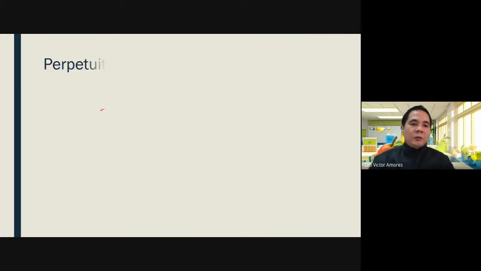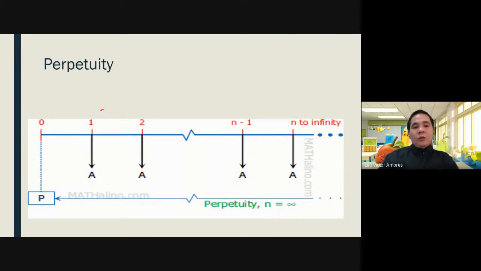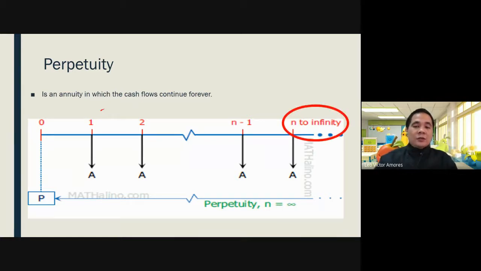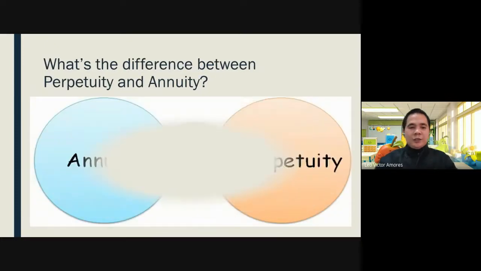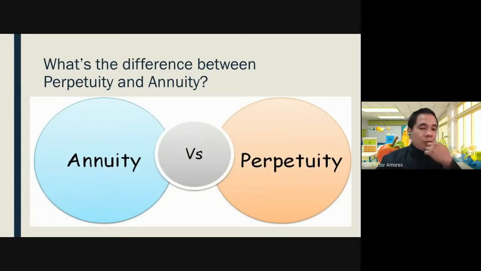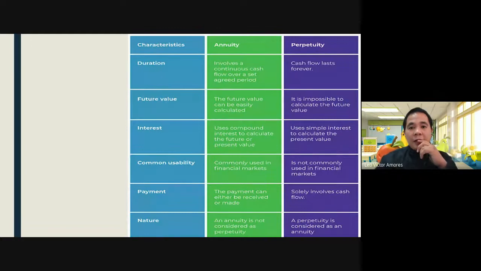I'll proceed to perpetuity. A perpetuity is an annuity in which the cash flows continue forever, so n goes to infinity. What is the difference between an annuity and a perpetuity? An annuity involves a continuous cash flow over a set agreed period.